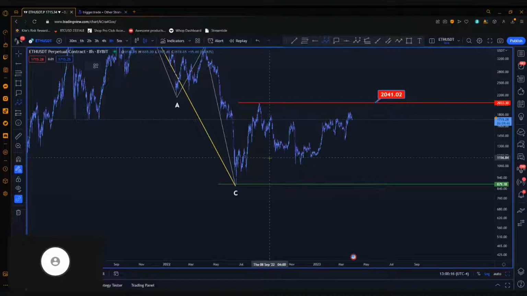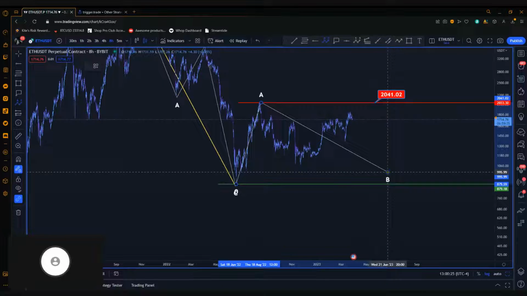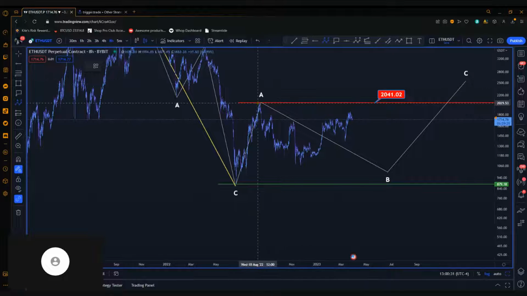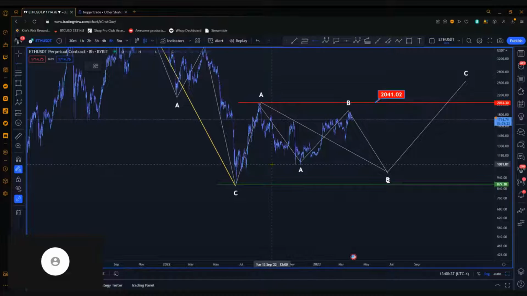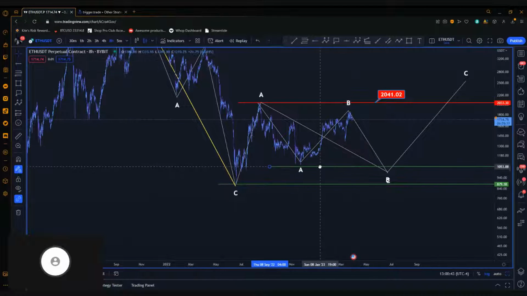Another possibility is that maybe this is an A, but like the similar last idea, maybe we're not done with a B wave and we're going to come up, put in a higher C wave. It might just take a little bit longer to do. If that is the case, we're working on an A to a B to a C. And what we'll have to do for ETH is put in a lower low past that 1075.